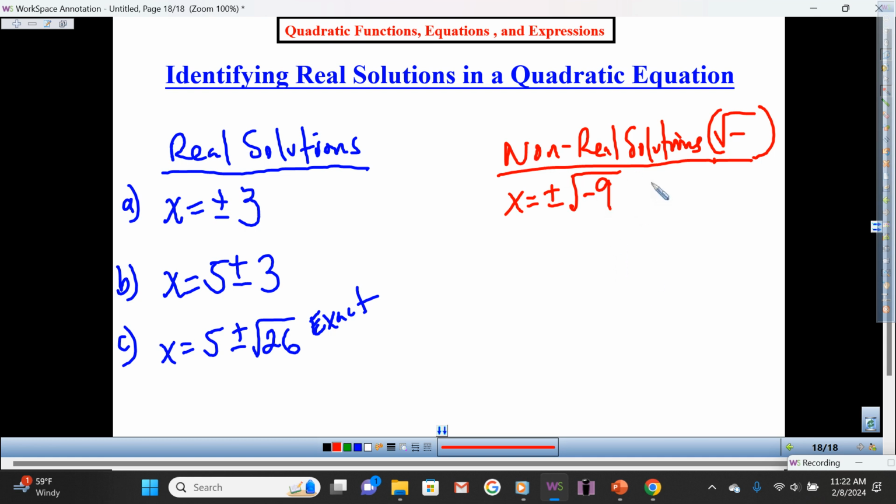Tell your neighbor what would be x1 and x2. 3i and negative 3i. Yes, that is correct. That's why they're not real, because these are what?